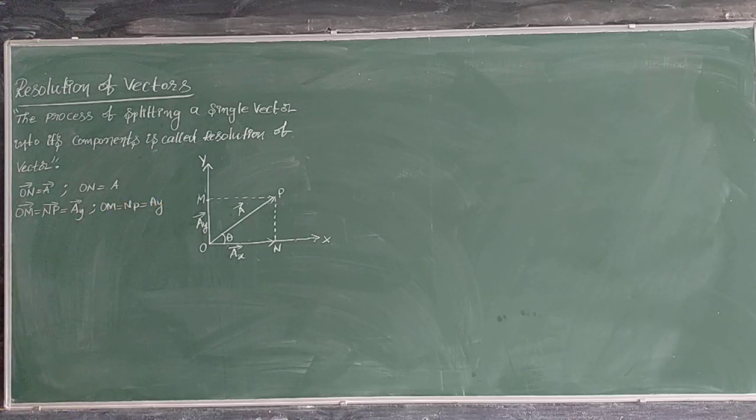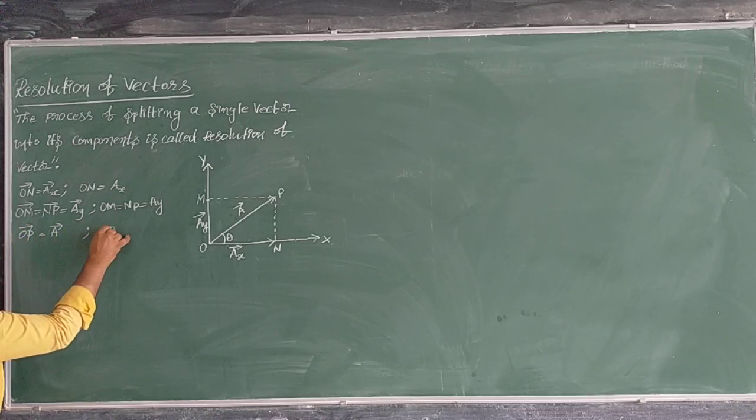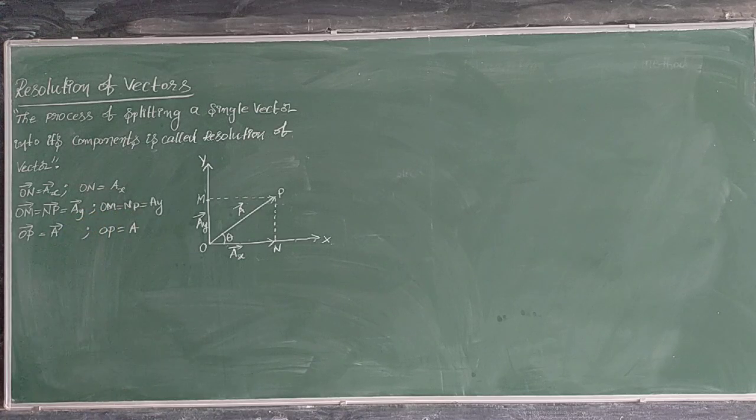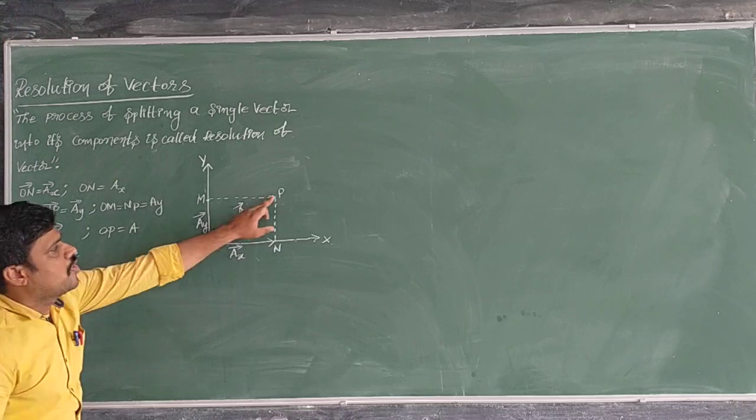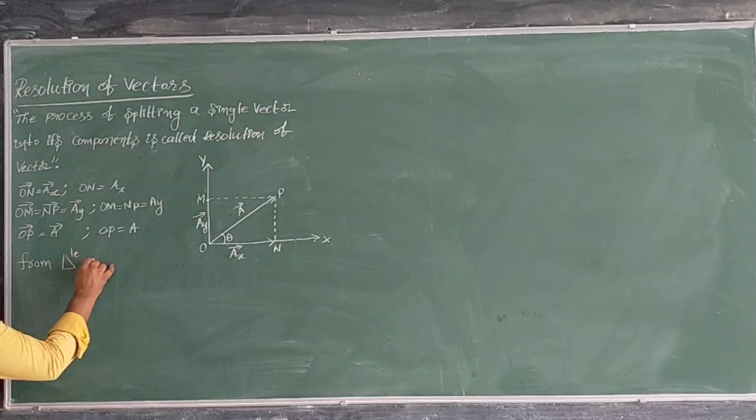Next, ON is along the x-axis, so ax bar, which in magnitude is ax. Next, OP bar is equal to a bar, and OP is equal to a. Now, from the right angle triangle, which right angle triangle? OPM. Okay, OPM.